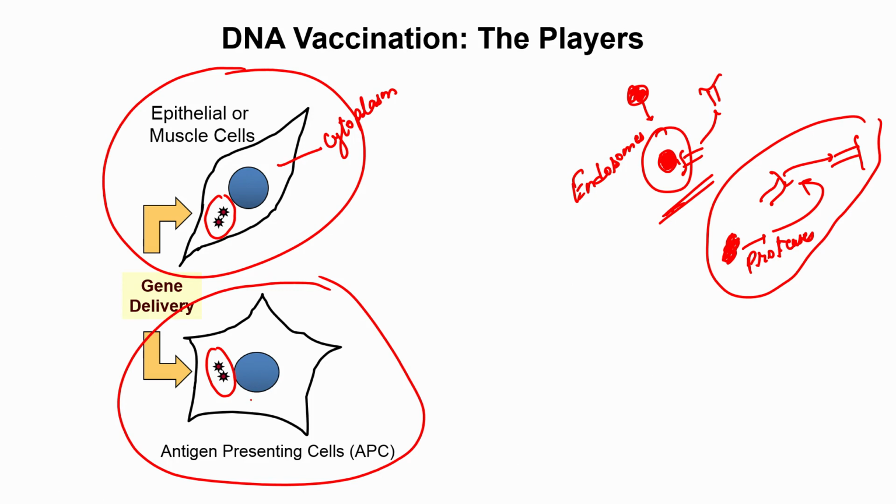If it is an intracellular pathogen, you expect it to have all its protein, all its antigen in the cytoplasm, and that is what you are trying to mimic here.